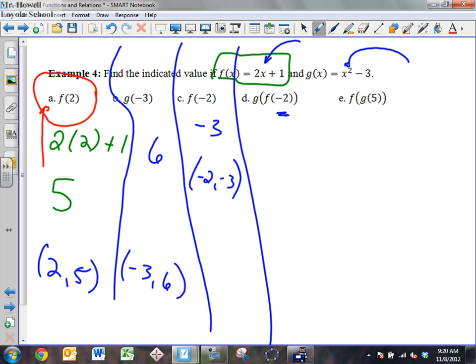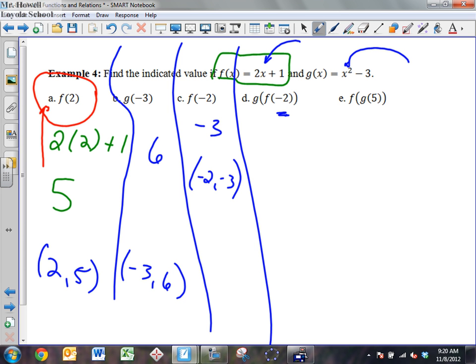Okay, so Alejandra, you plug the -2 in for f into the f function, good. You get an answer, and then what do you do with that answer? Into the outer function g. Very good. So f of -2, didn't we do that already? And we got this -3 here? Remember when we plugged f of -2 in, we got -3?